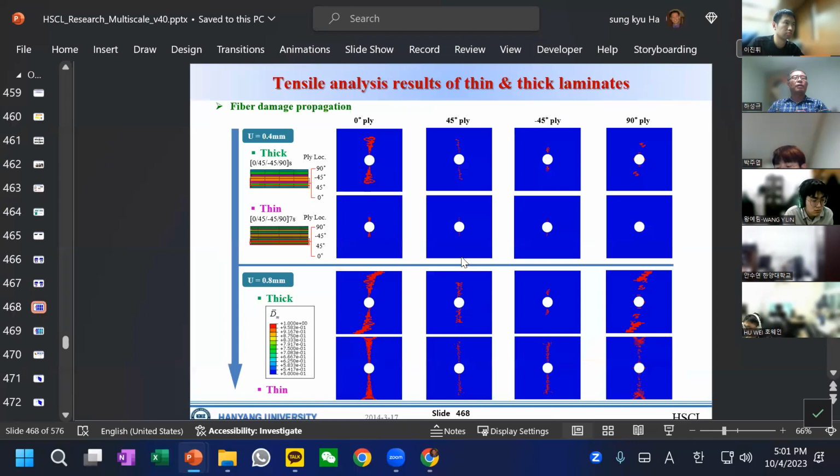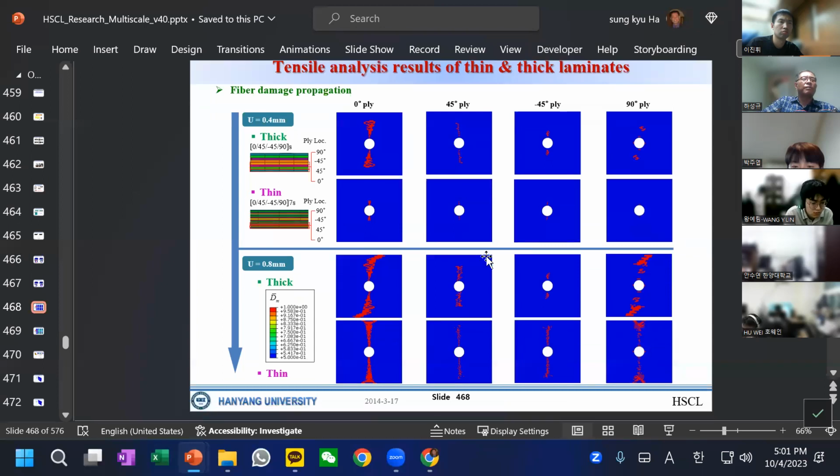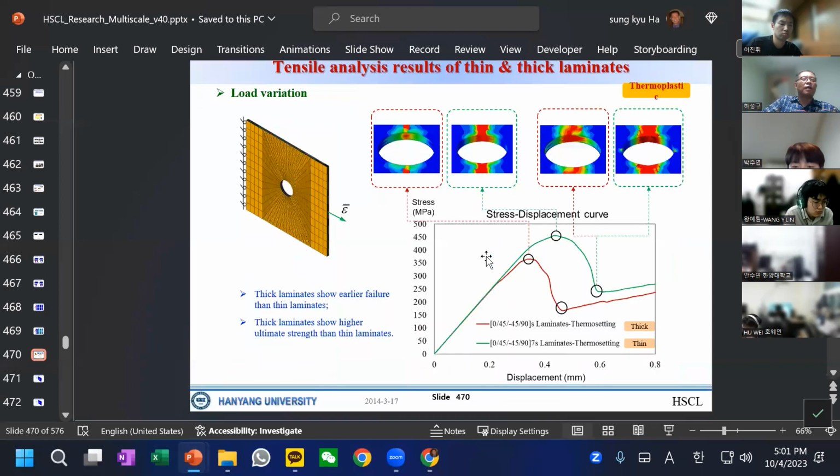So we can see how this damage can propagate. This is called damage propagation. This is done using Abaqus, but Abaqus doesn't have a feature for the MMF, and we had to implement this scheme and technology.